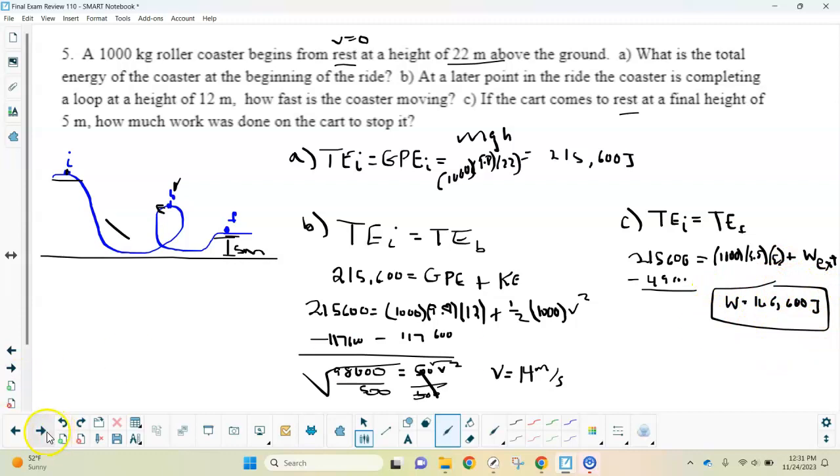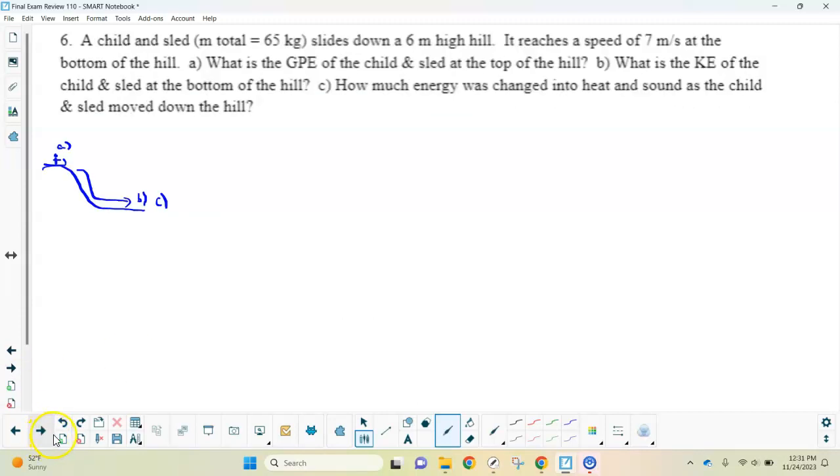Okay, one more energy one just to practice some energy stuff. So it says a child and a sled have a mass of 65 kilograms. They start from a height of 6 meters. It reaches a speed of 7 meters per second at the bottom of the hill. We want to know the GPE at the top. So this is pretty similar, again, to what we just did.